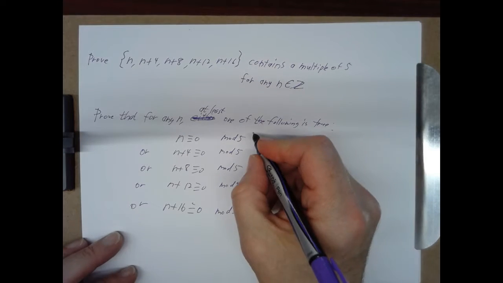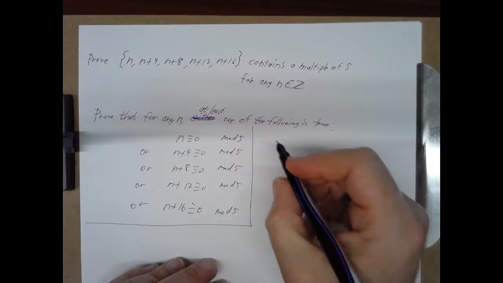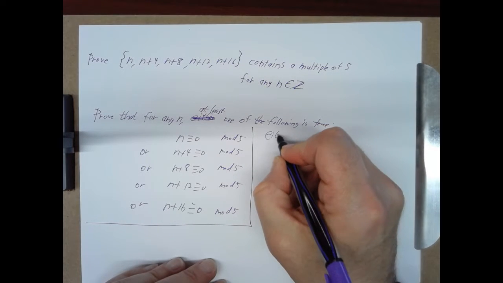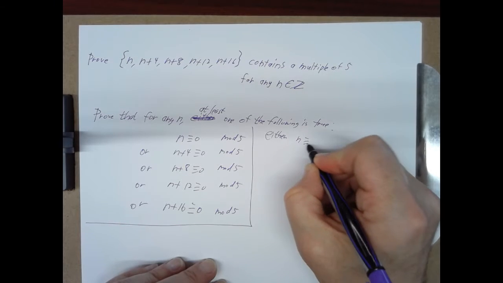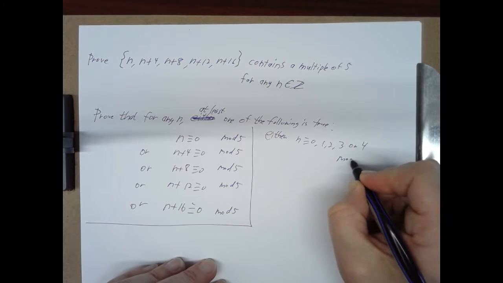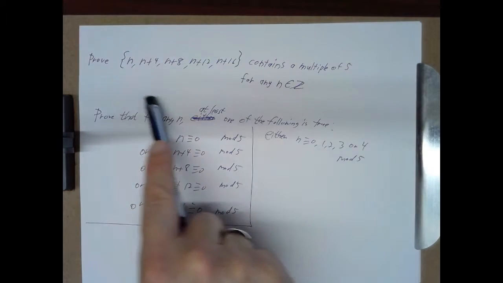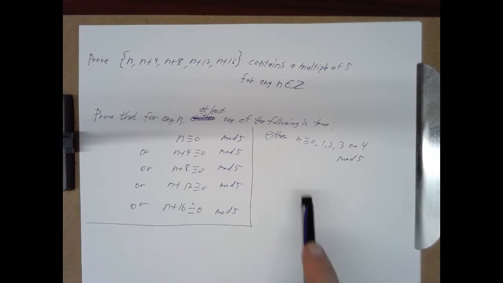And our trick when we're trying to make wide sweeping statements about numbers modulo something is to realize that every number is congruent to one of a small set of possible things. In modulo 5, either n is congruent to 0, 1, 2, 3, or 4, modulo 5. So we're trying to prove this statement for any n. Well, we know that for any n you pick, one of these 5 things is true.